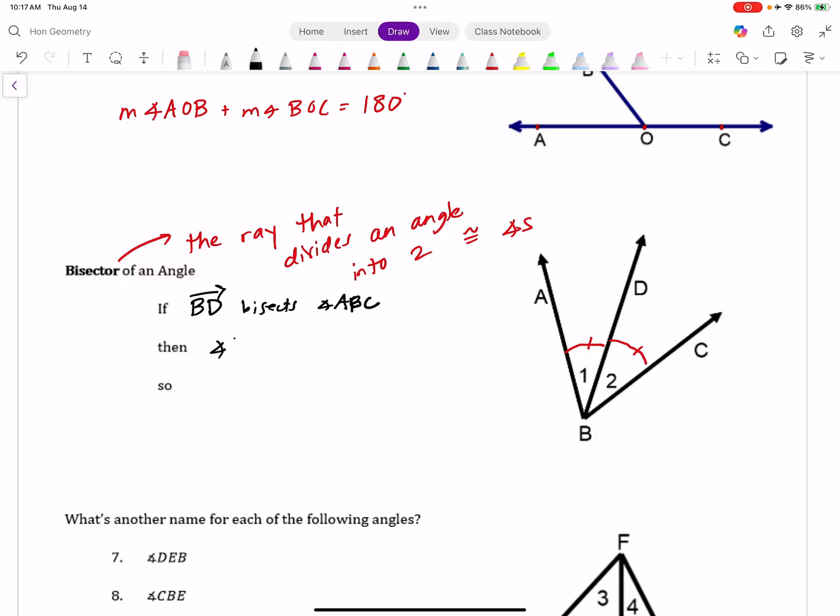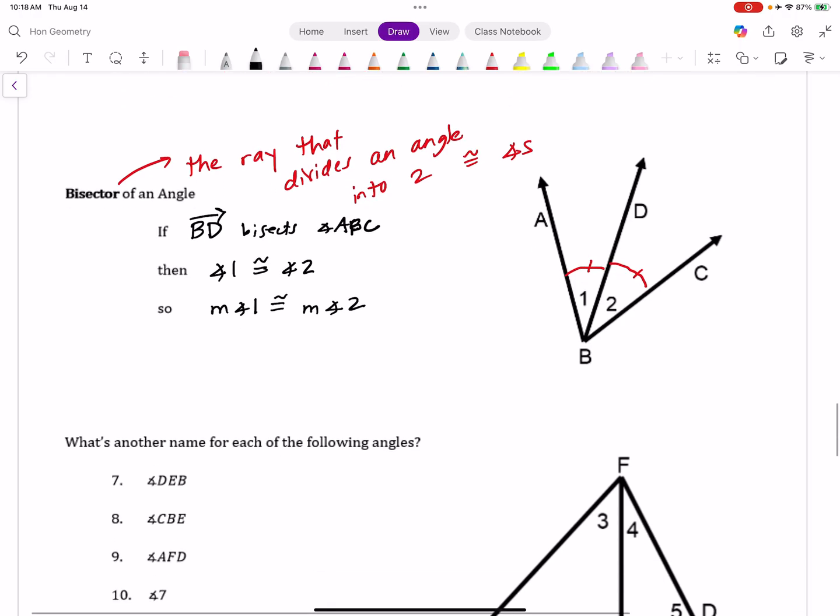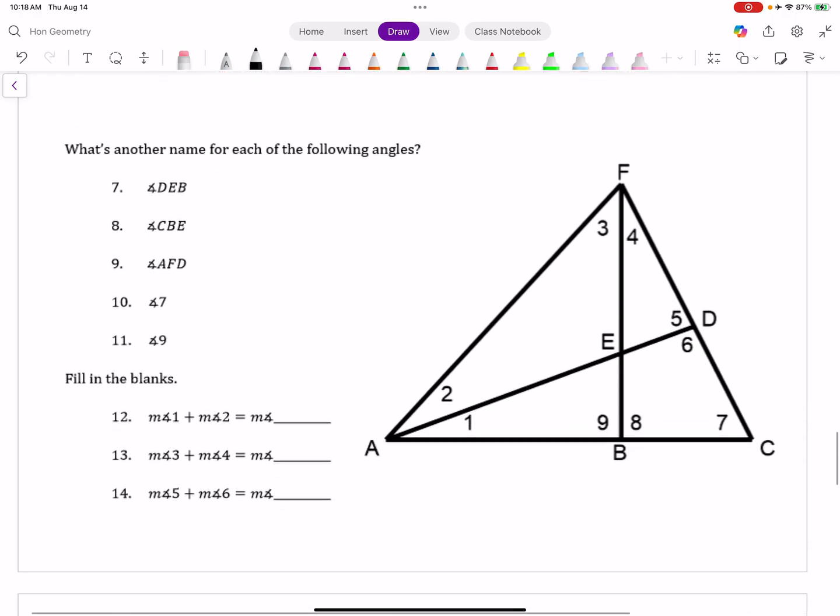We know that angle 1 is congruent to angle 2, because that's the definition of an angle bisector. And because we know that, then we know that the measure of angle 1 equals the measure of angle 2, because that's the definition of congruent angles. Okay? All right.